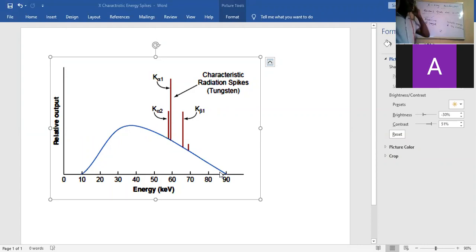So we're not going to have so much energy because of that. That is why we normally use tungsten, around 78, Z equals 78. Tungsten is a good material for the target. The target is actually the anode, whereas the cathode is where the electrons originate from.